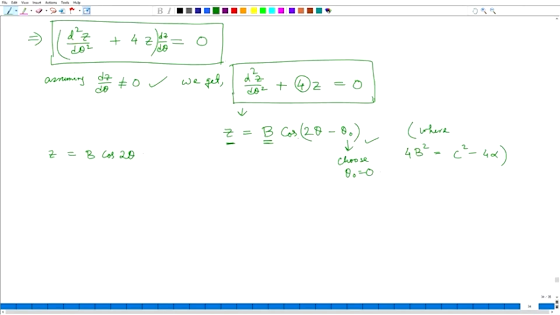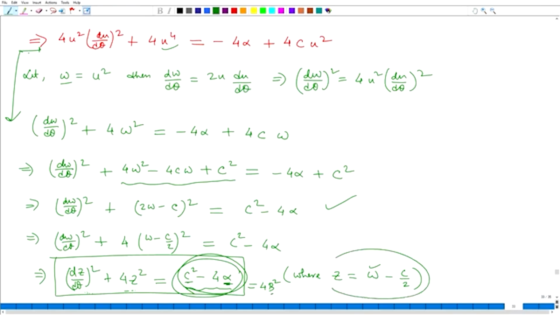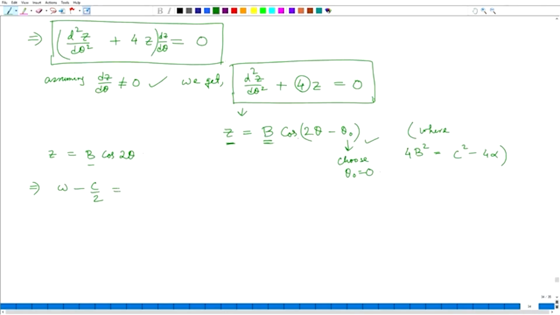So, b you know. Now z = b cos 2θ, and w − c/2, which was the definition for z, is equal to b cos 2θ, and then I can write w = c/2 + b cos 2θ.